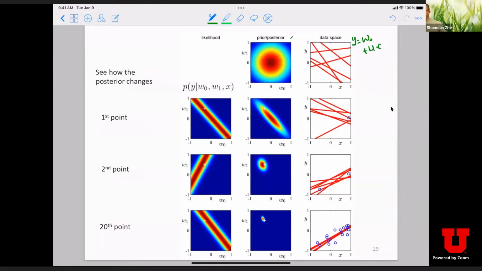You can see that the prior is wide, covering a large span. That means the range of W0 and W1 sampled from the prior can be large, and correspondingly the regressors are spread over the whole plane, oriented in all kinds of ways.